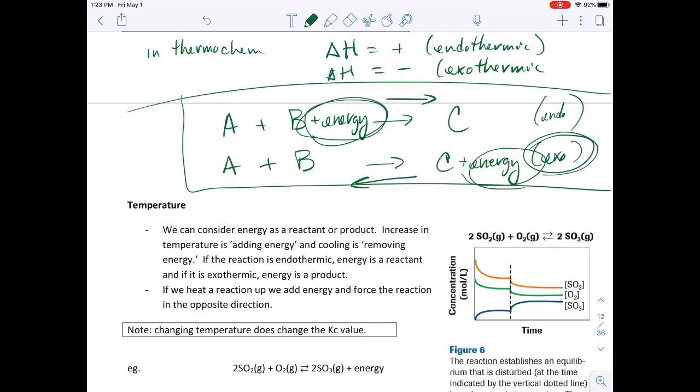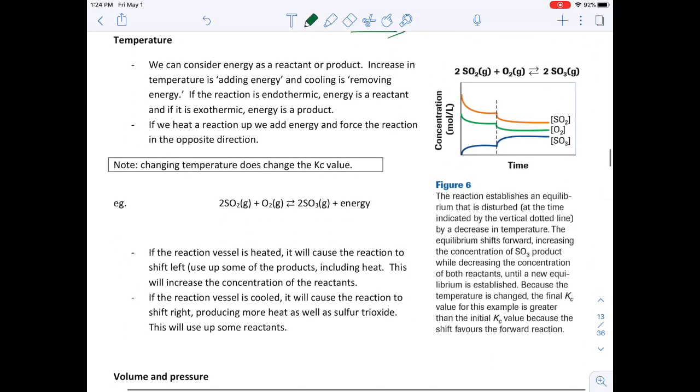If I cooled a system down, it does the opposite. I'm removing energy by cooling it. So in an endothermic system, the reaction would shift to replace the heat, and in an exothermic reaction, if I cooled it down, the reaction shifts to replace the removed energy.